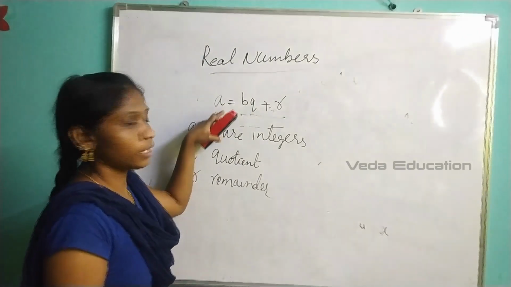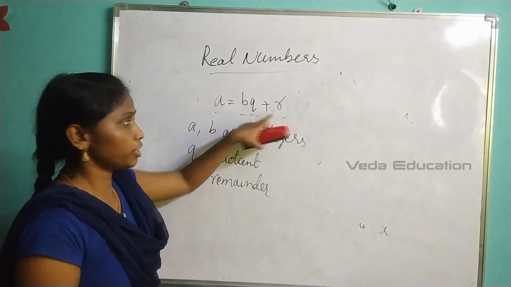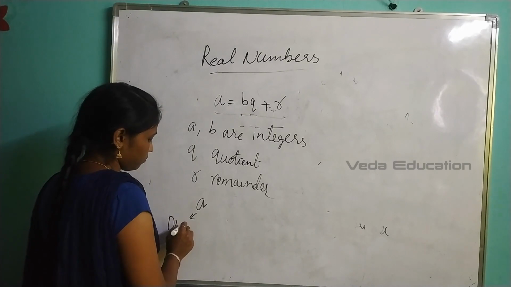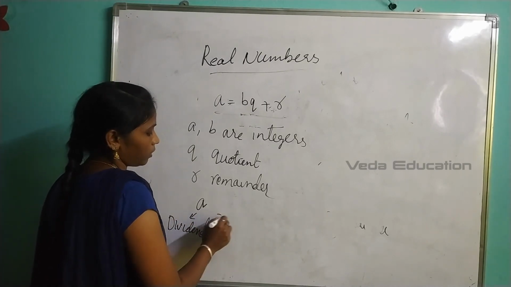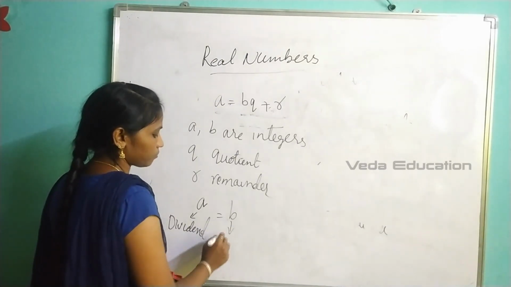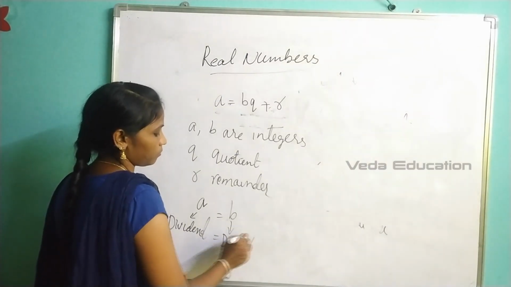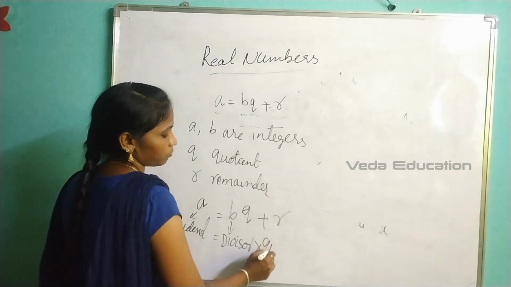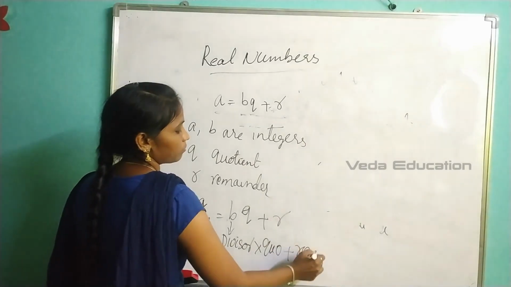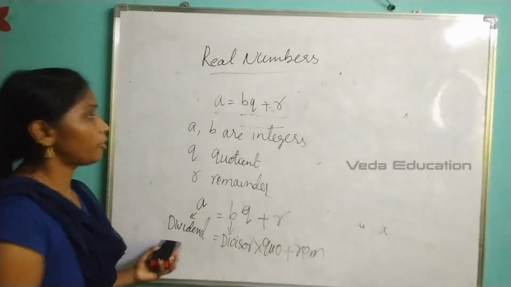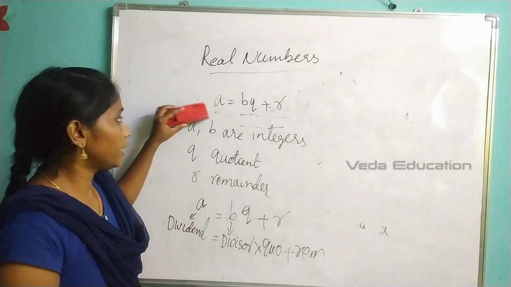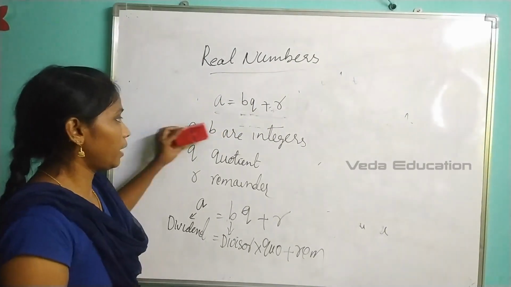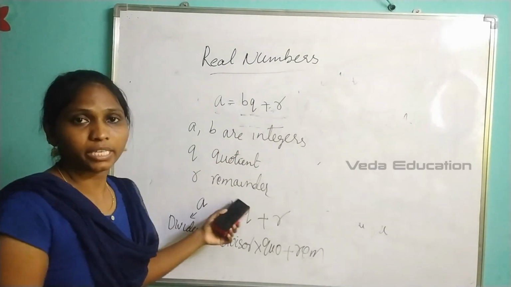If you consider A as the dividend, B as the divisor, Q as the quotient and R as the remainder, this is not a new formula, it is the old one only. A equals BQ plus R is the division algorithm, where A and B are integers, Q is the quotient and R is the remainder.